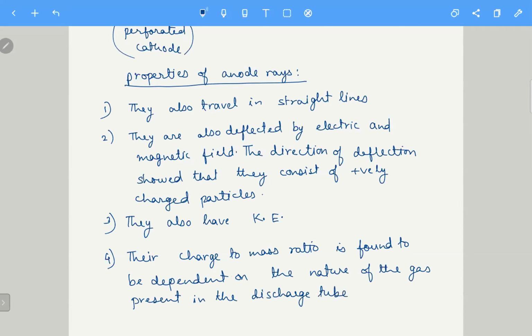The charge to mass ratio was found to be dependent on the nature of gas present in the discharge tube.